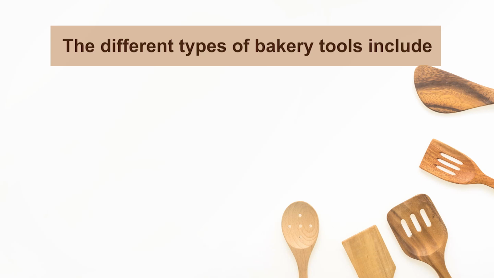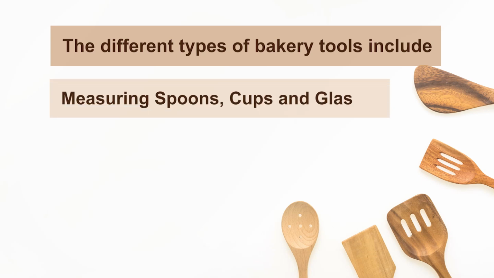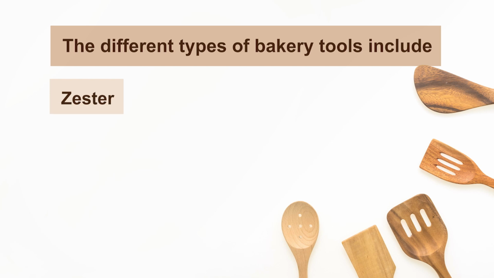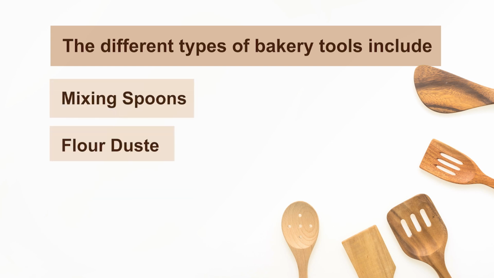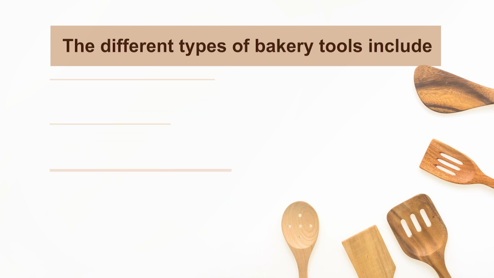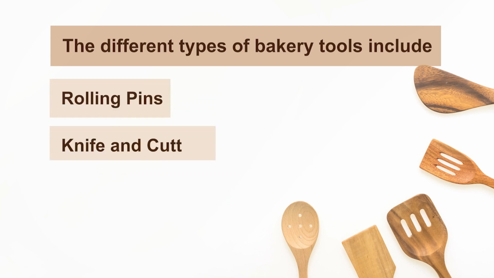The different types of bakery tools include measuring spoons, cups and glasses, whisk, spatulas and brushes, zester, bench scraper, dough scraper, mixing spoons, flour duster, flour sifter, parchment paper, pastry bags, decorating nozzles, rolling pins, knives and cutters, and lastly cake stands.